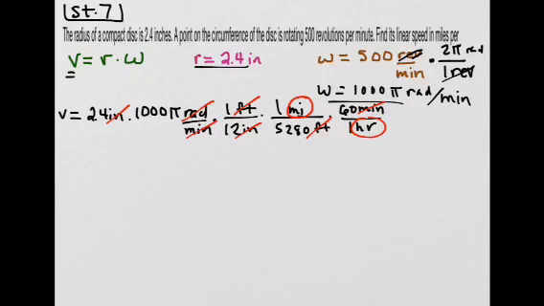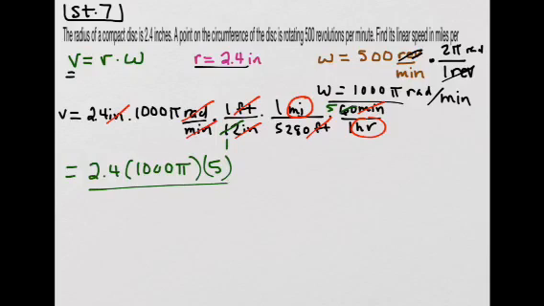So now all you have to do is take your calculator and input these numbers and figure it out. Now what I like to do is reduce the 60 and the 12. So 12 goes into 60 5 times. So on your calculator, 2.4 times 1,000 pi times 5 divided by 5,280, and that's going to be miles per hour.